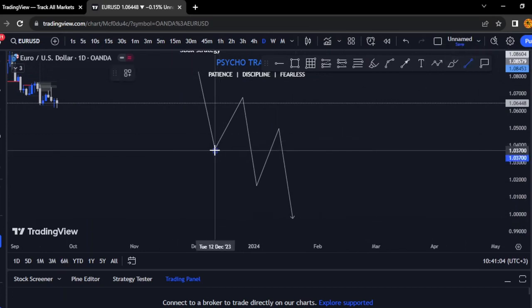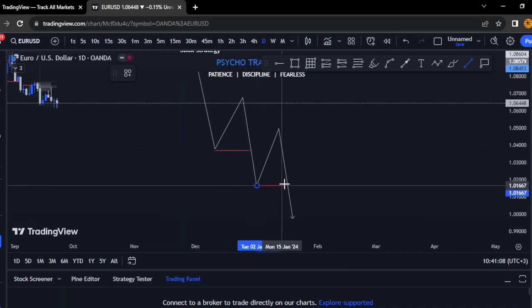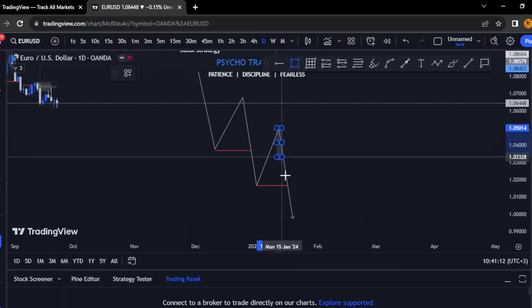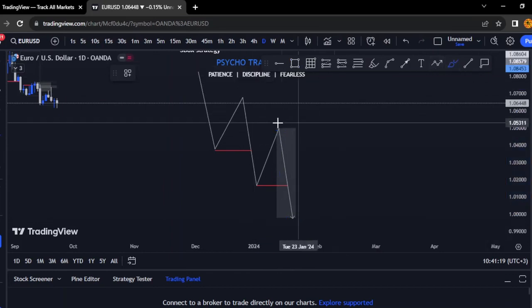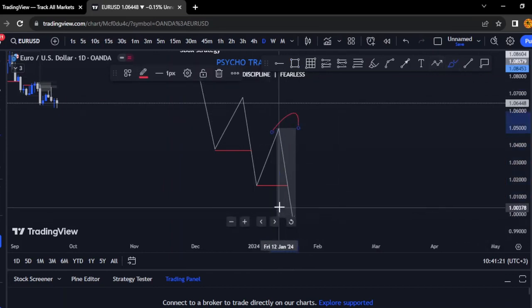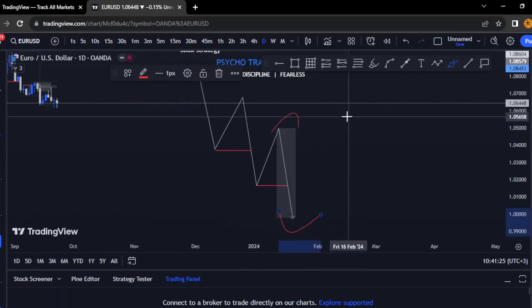We have multiple breaks of structure to the downside, as you guys are seeing. Then we get our impulse. So this impulse is our first box. This is the structure that we are dealing in. This is our protected high, gravitating towards the liquidity low. I think you guys are getting this.